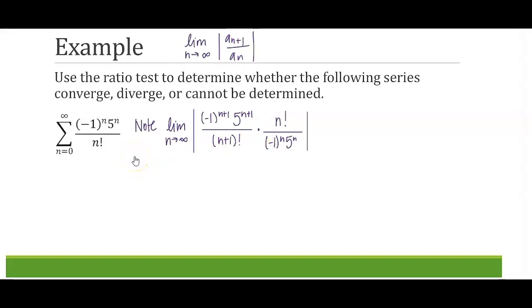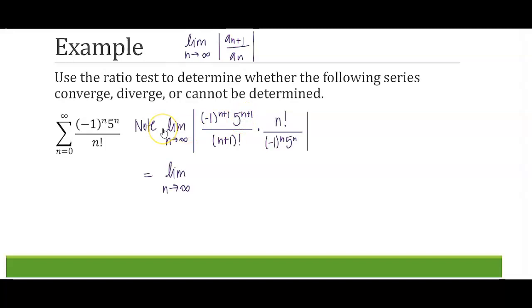So I'm going to go ahead and from here drop the absolute value bars as well as those alternating pieces. So I have the limit as n approaches infinity of what I have left. I'm going to do a little rearranging all at the same time. I'm going to drop the alternating parts.